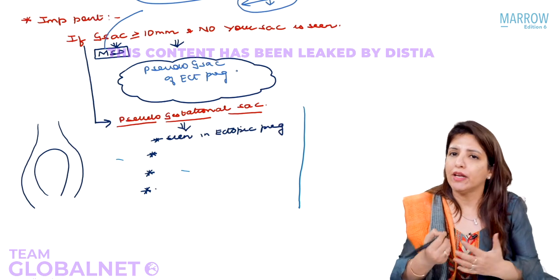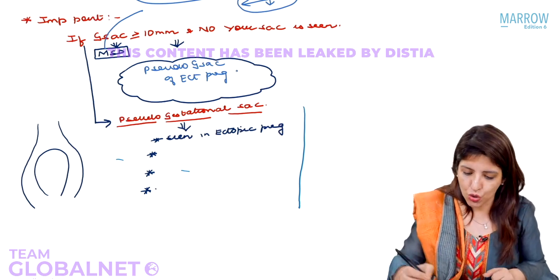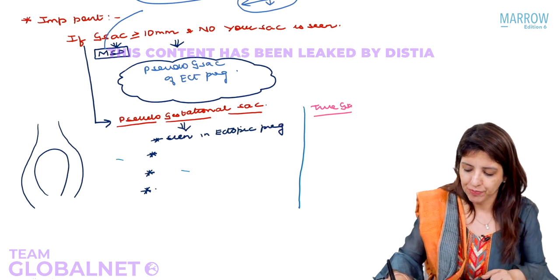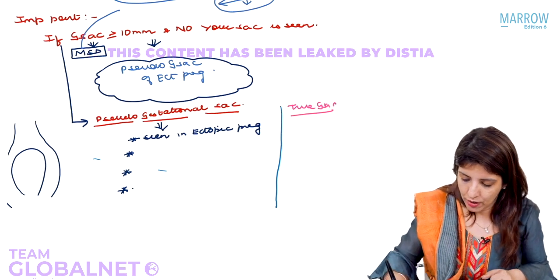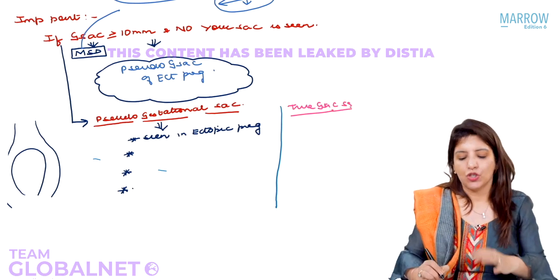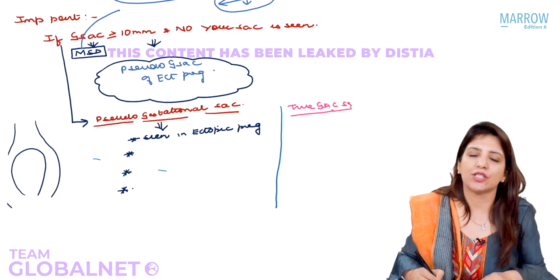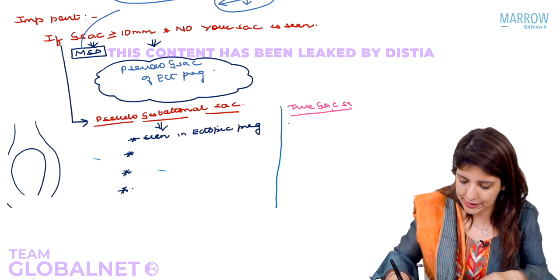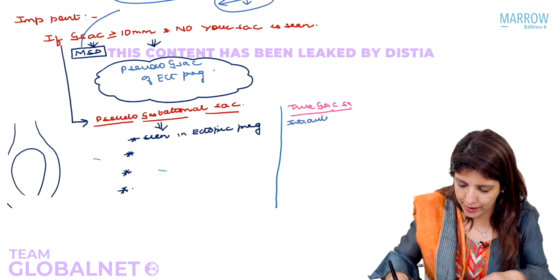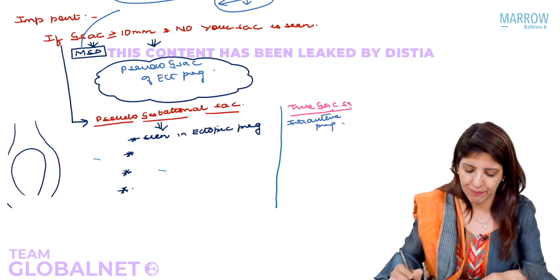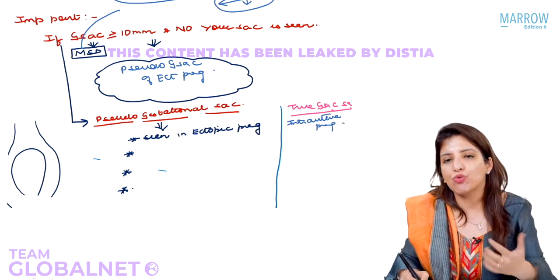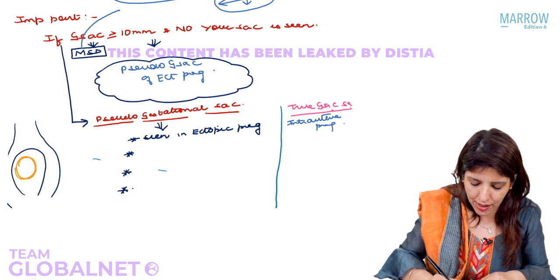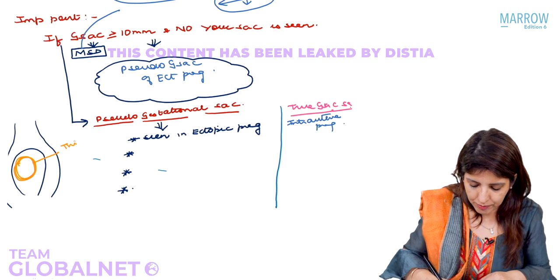So we come to a very, very important thing, and that is a pseudo-gestational sac and true gestational sac. Pseudo-gestational sac is seen in case of ectopic pregnancy. True gestational sac is seen in case of intrauterine pregnancy. Now, I told you what is a pseudo-gestational sac. Pseudo-gestational sac is actually the thick decidua.